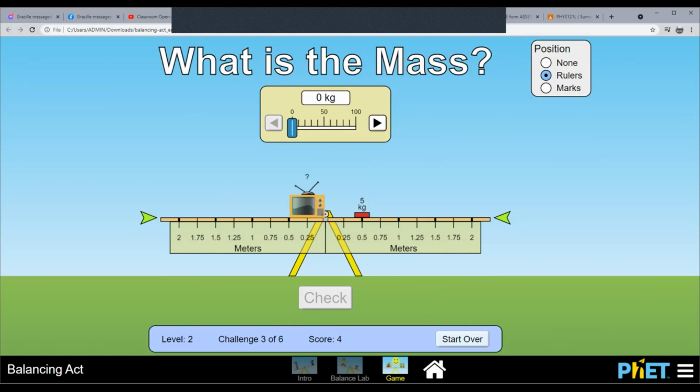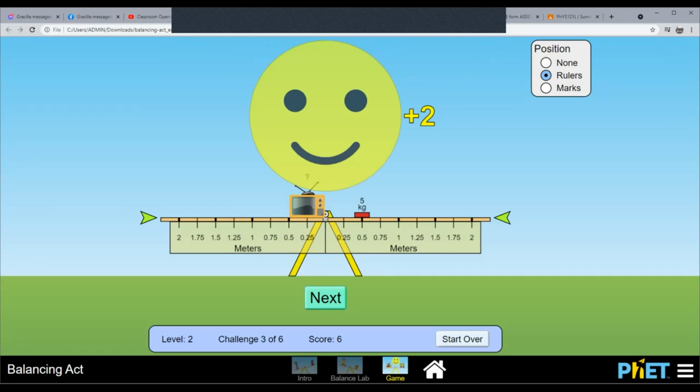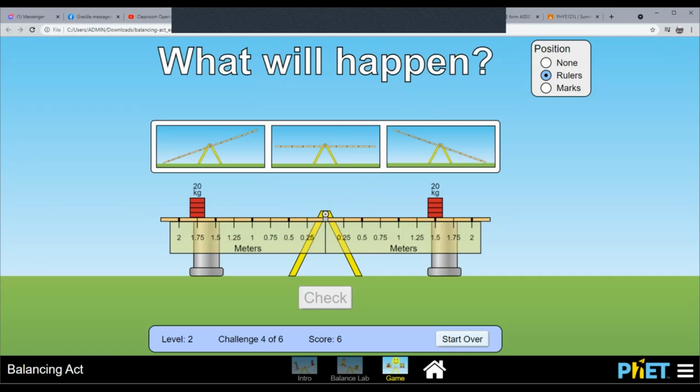So what is the mass of this object? 10 kilogram po. 10 kilograms. Bakit walang 10 kilogram dito? Yan, 10 kilogram. Is this your answer? Yes po, ma'am. Okay, let's check. Okay, that is correct.